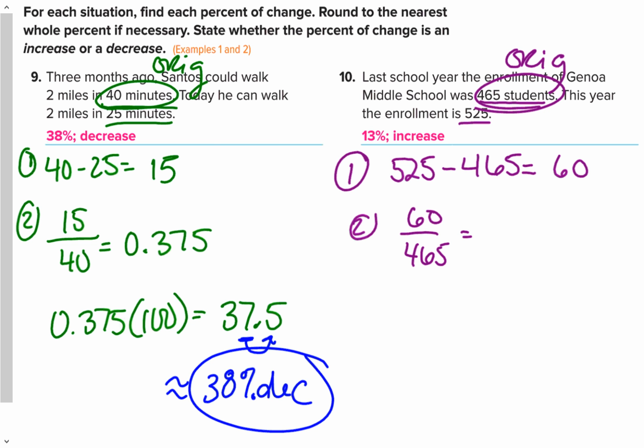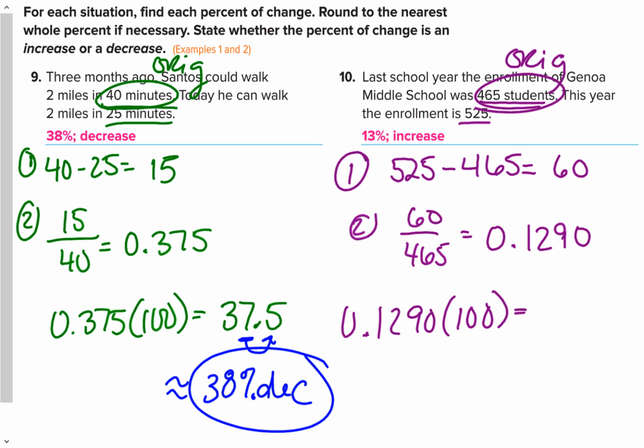And that's going to equal 0.1290, and so forth. I just kind of cut it off at a certain point. So let's take that number and multiply it times 100. So it's about 12.90-ish. So we stop at the 12 because we want a whole percent. The 9 makes the 12 come up, so it's just about 13%. And we went from 465 to 525, so that is an increase.